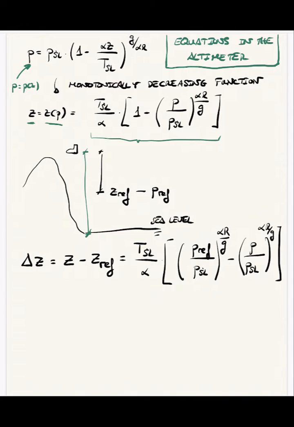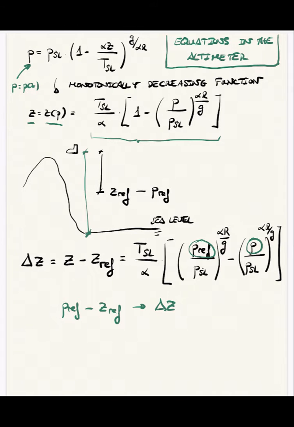And this is the way altimeters are calibrated. If we input just the static pressure outside and a given reference pressure that we may choose, obviously associated to a given surface of reference, then we can get the vertical distance between the vehicle and that reference surface.